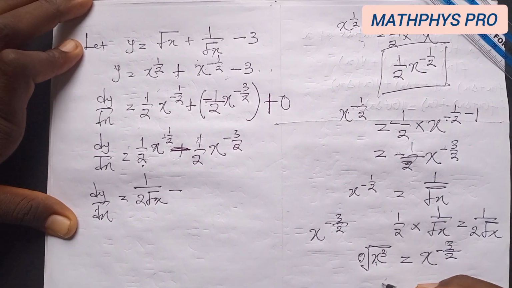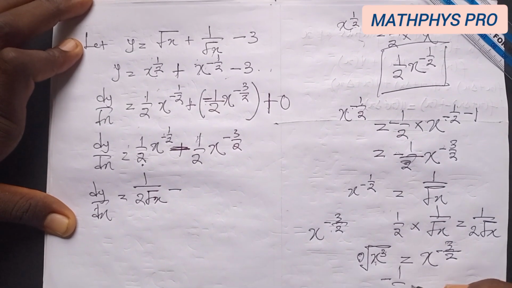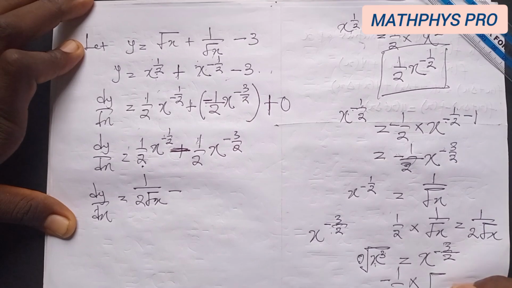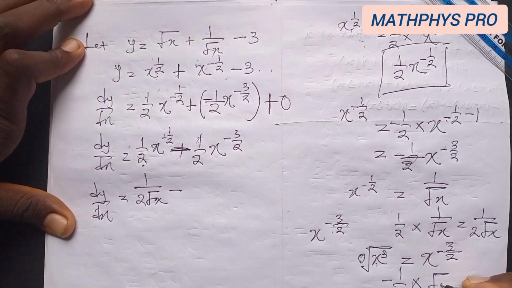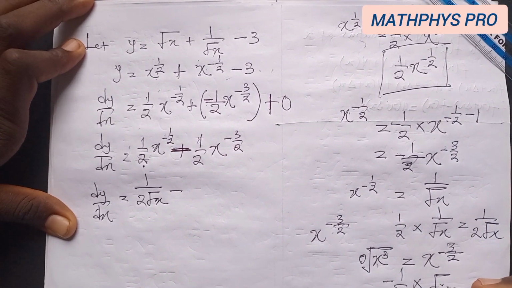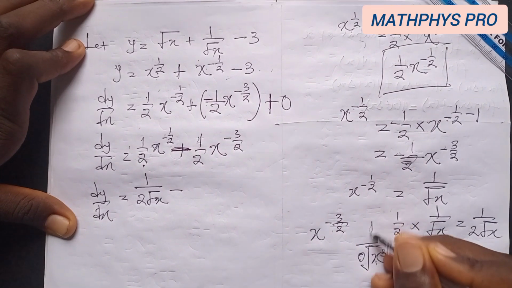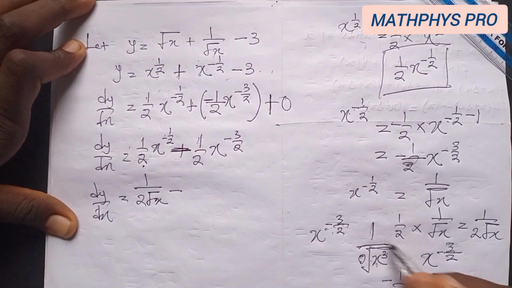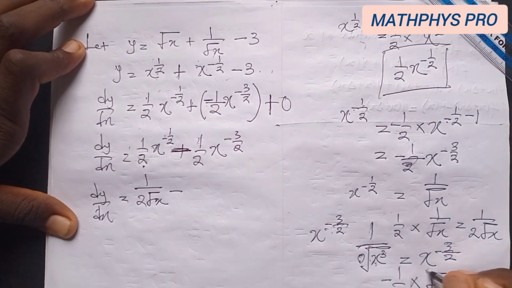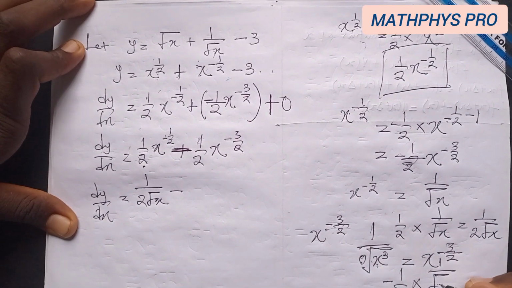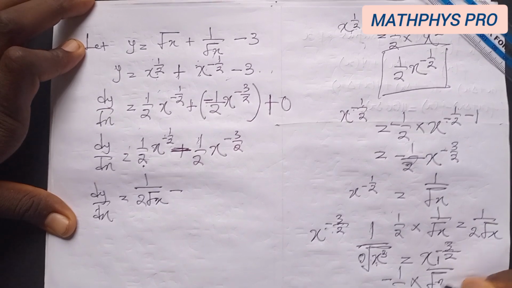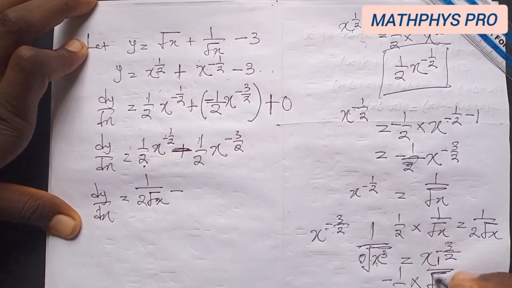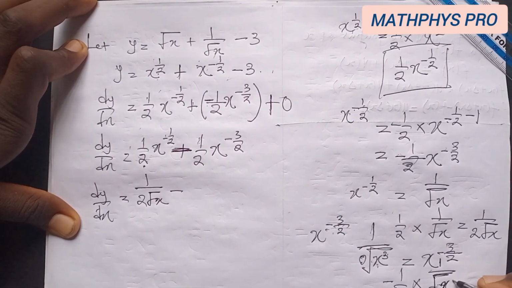So we have minus 1 over 2 times 1 over x root x cubed.